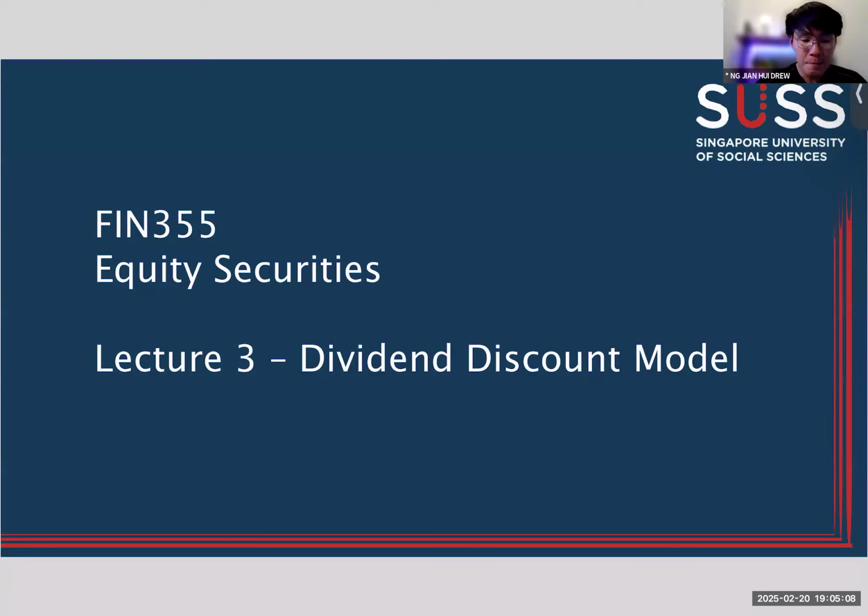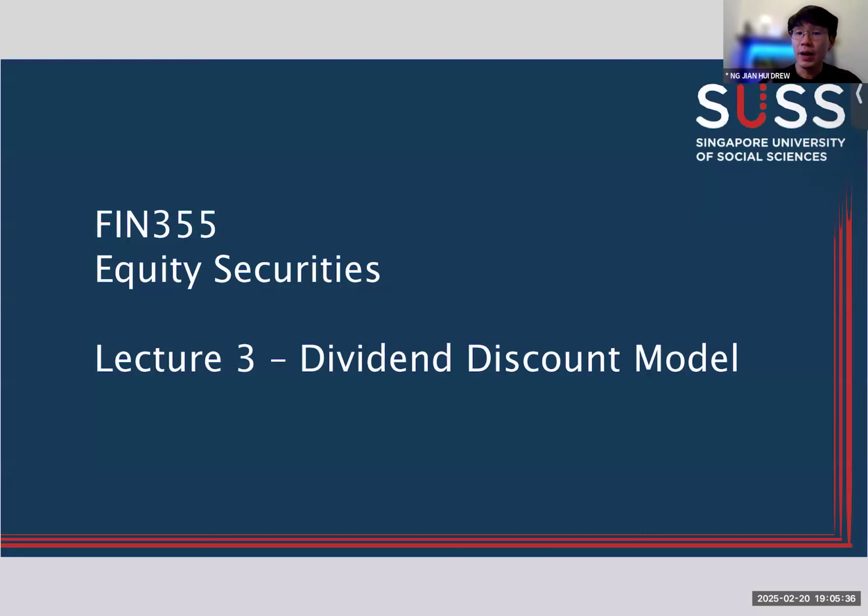So today, we are doing a deep dive into the first model, arguably the simplest, which is the dividend discount model. We'll go through some details, not the standard dividend discount model you have covered in other lectures or modules, where it's kind of simple. We'll try to do a more advanced level dividend discount model.